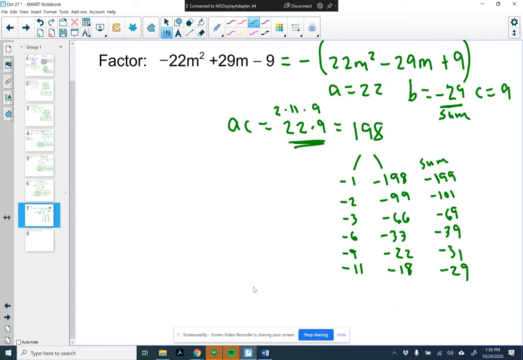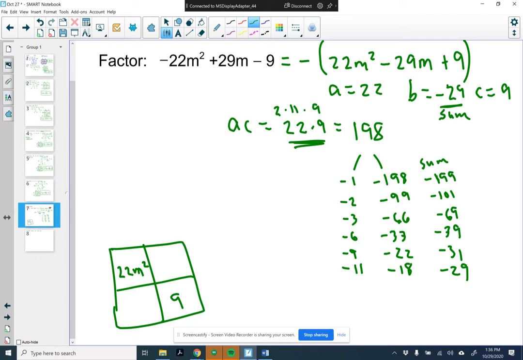Okay. So we're going to build our table. I'll just build it over here since this is where I've got room. First term gets the first square, 22m squared. Last term gets the last square, and the middle term, the -29m, gets to split into -11m and -18m.